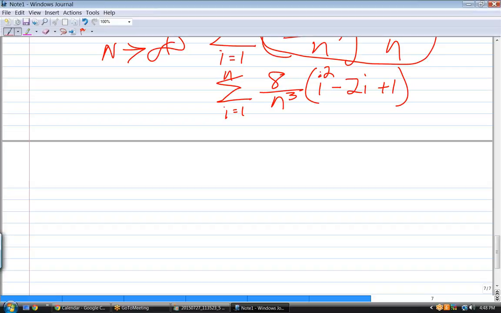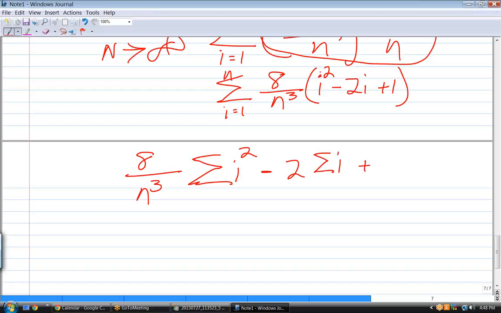So this is the same thing as 8 over n cubed times sigma of I squared minus 2 sigma of I plus sigma of 1, and I'm still taking the limit of that as n goes to infinity.